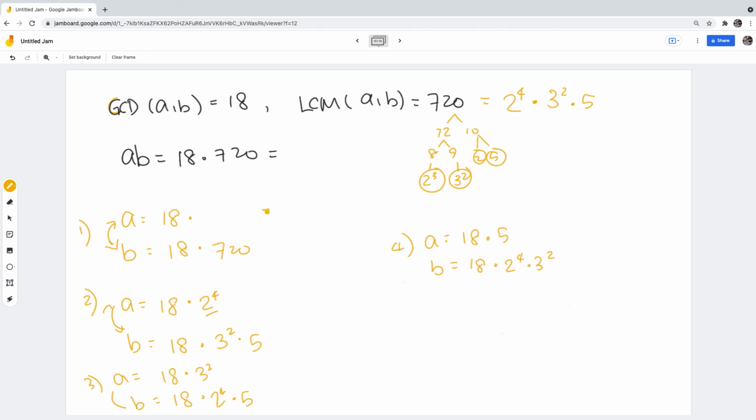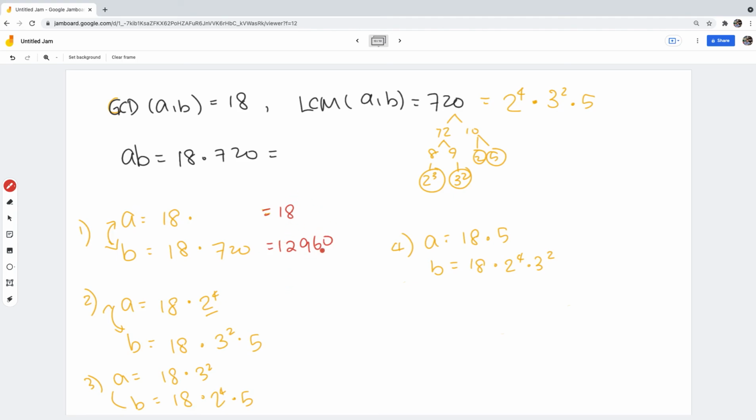So one number can be 18. Let me use a different color for the answer. A can be 18, then the other number is 18 times 720. What's that? Oh, sorry, 18 times 720 is 12,960.